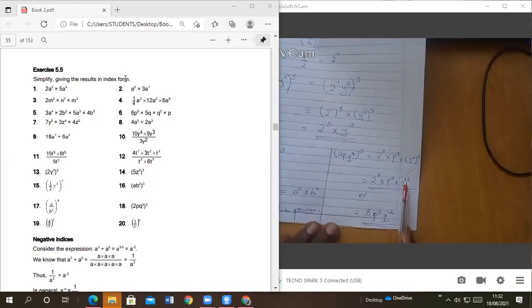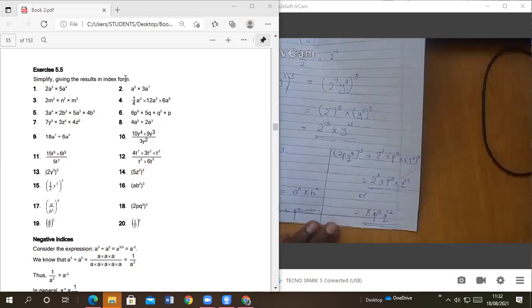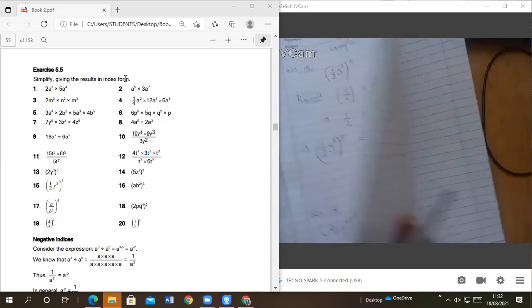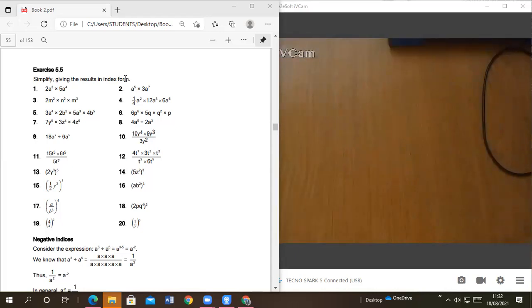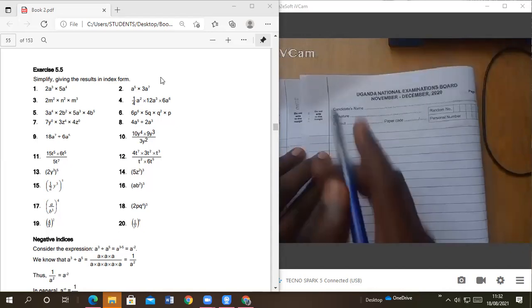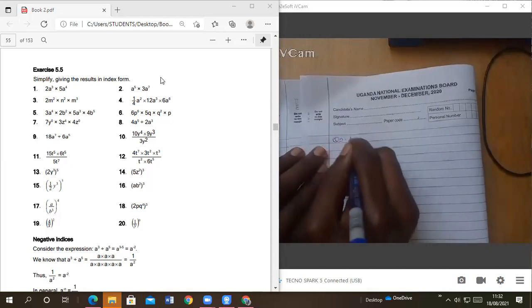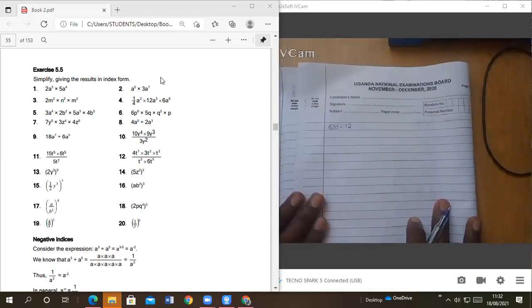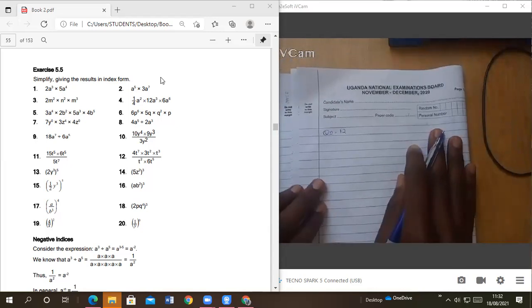Then someone also talked of question 12. Let's look at question 12. In question 12, what do we have?